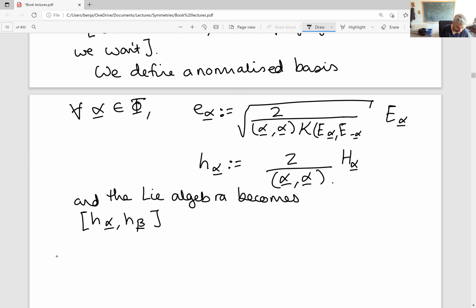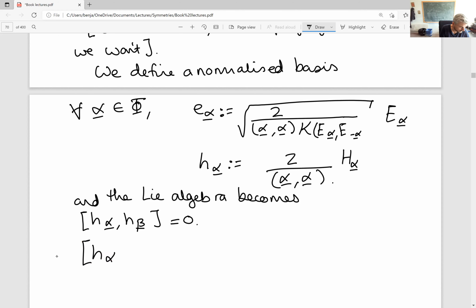Okay, so once you expand H alpha out in terms of the Cartan subalgebra basis elements, you just get some coefficients times commutators of the Cartan subalgebra here. So whatever the coefficients are, it ends up giving you 0.